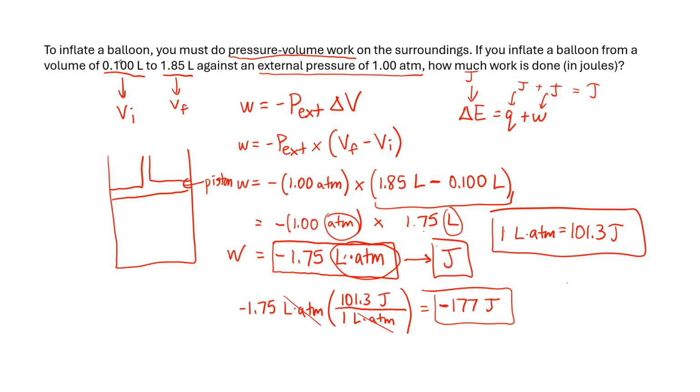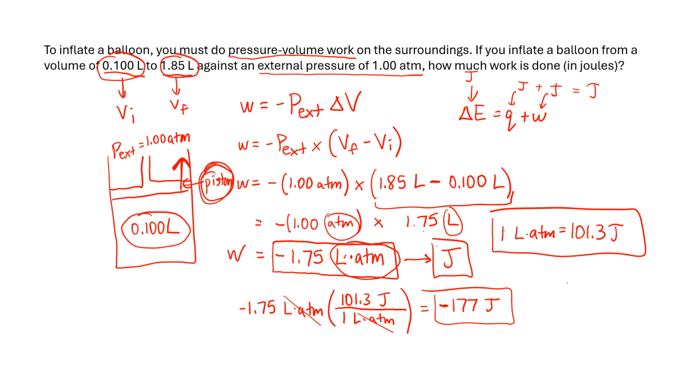And remember, we started at a certain volume, 0.100 liters. And there's some external pressure here, P external, and they told you it is 1 atmosphere. So we're trying to basically move this piston upwards. And if we're moving it upwards, we're increasing the volume from 0.100 liters to 1.85, right? We're increasing the volume if we move the piston up.